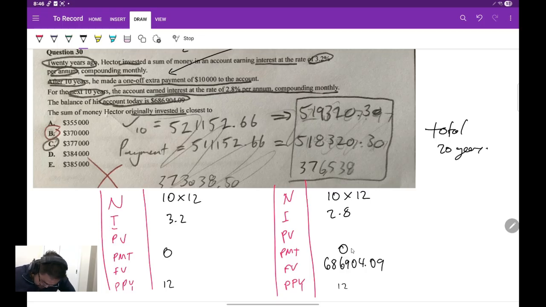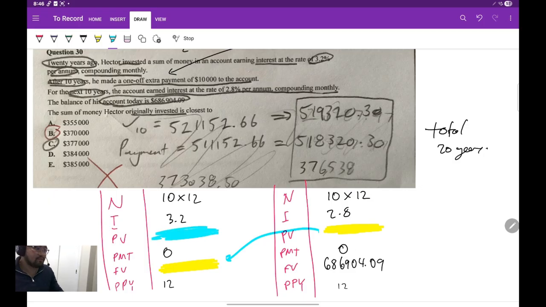But if we look at this yellow bit right here, the future value, the present value of the second part depends on the future value of the first part, which means that if we work out that yellow bit from here, we can use that answer to transfer that there, and we can use that to work out the answer for our blue bit. So let's do that.